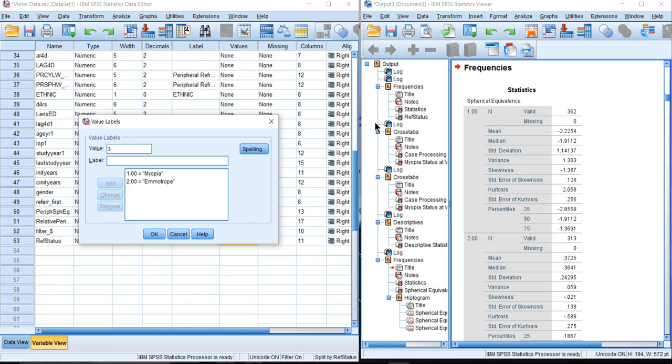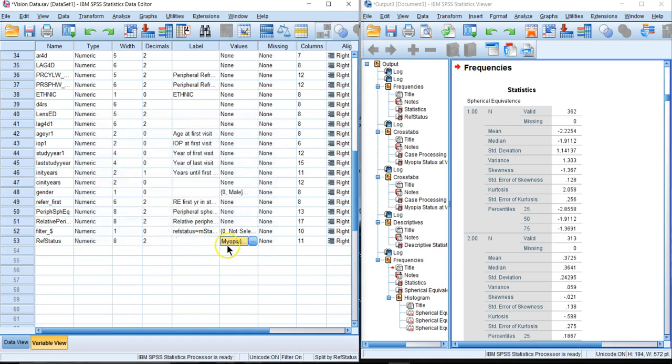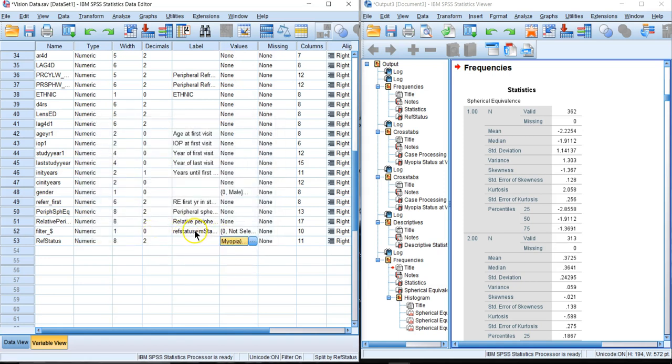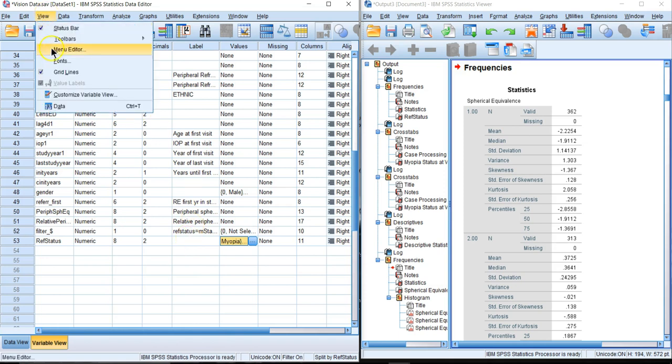Number 3, and the way I do this, I hit the 3, I press tab, and I type hyperope, and I hit enter. So it's tab enter, and then it goes back to the original. This puts this in this column under values, and now it will label our graph when we go out.